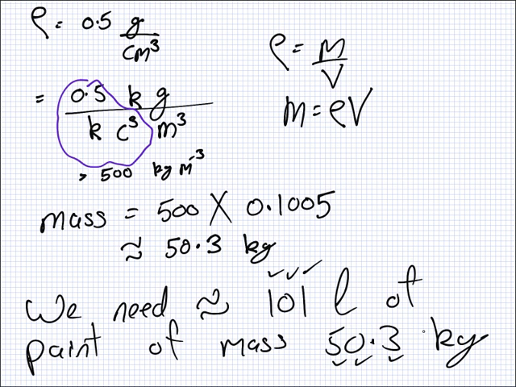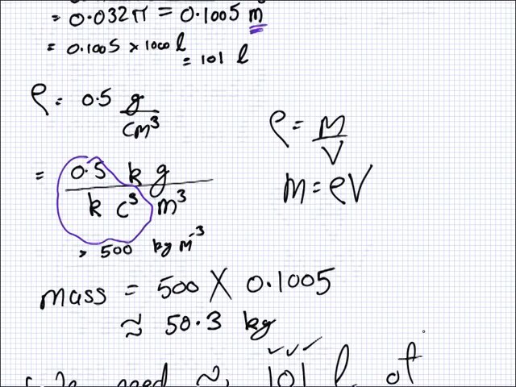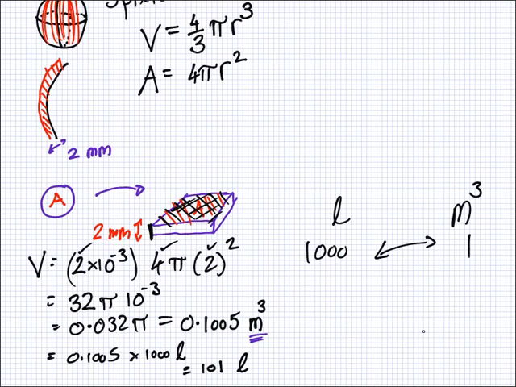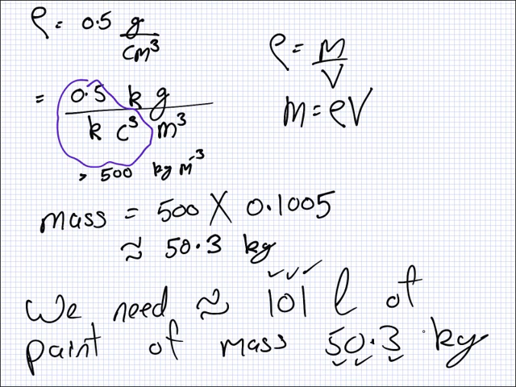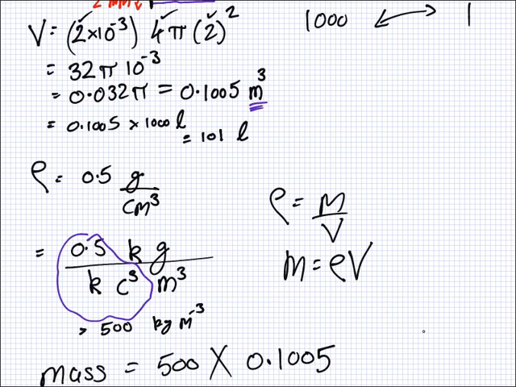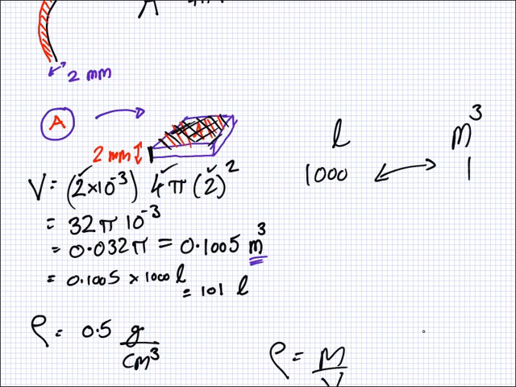Okay. Do you need to write this down? Did some of you get this one? Did any of you get 101? Oh, you got the second answer, 50.3, but not the 101. What did you get? You kept it as meters cubed? Yeah, okay. Does anyone need to write down the first part?